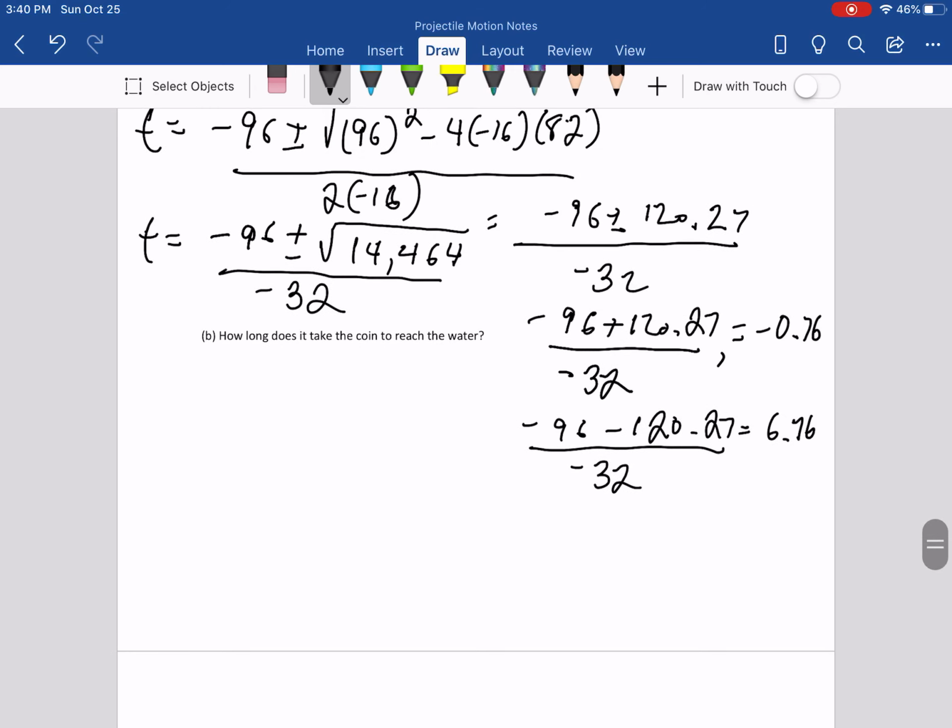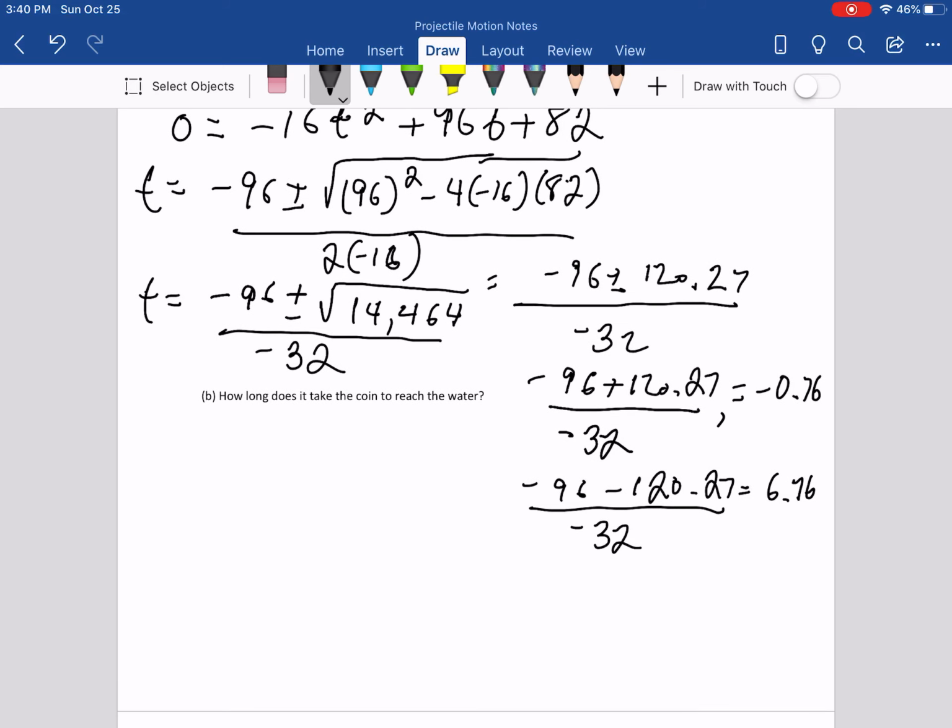Okay, so looking at our answers, the first one, when we split up the plus minus, came out to negative 0.76 seconds. Well, that's not possible. You can't have negative seconds, so we are going to exclude that one from our answer.